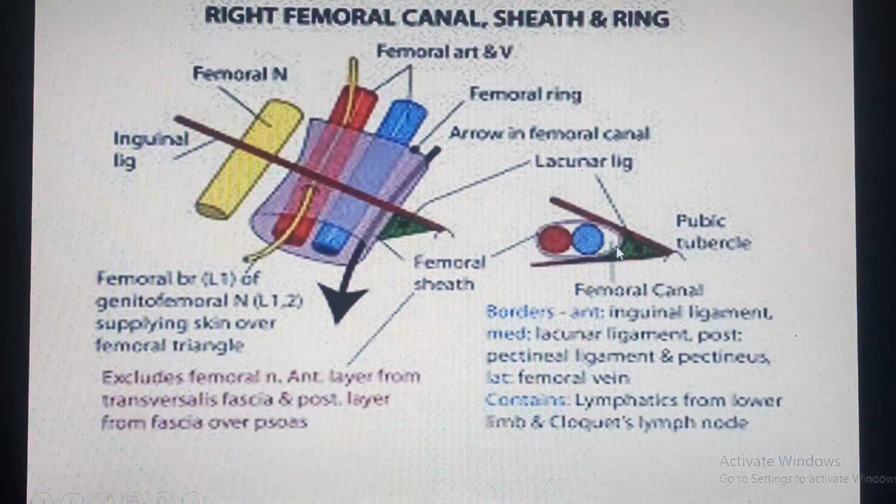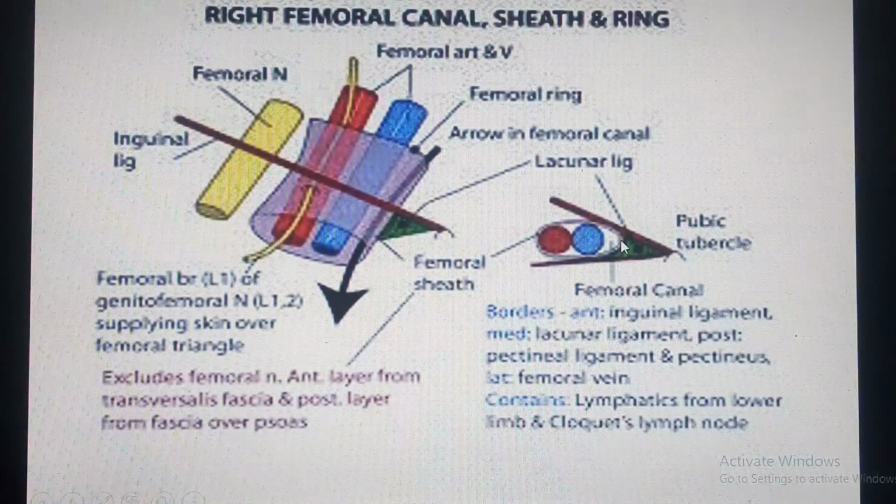It's roughly conical in shape. This small space over here, the empty space I was talking about, is the femoral canal. From the base it will roughly be 1.5 centimeters wide, with its length also being roughly 1.5 centimeters long.